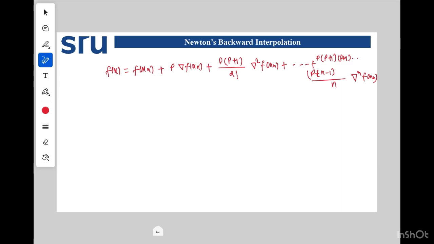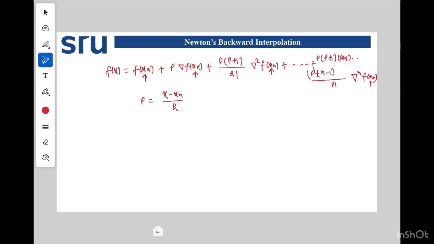And what is p here? Like the Newton forward interpolation formula, p here is x minus xn, divided by h. In place of x naught we use xn. If you compare this formula to the Newton forward interpolation formula, you will see that xn is used in each term.